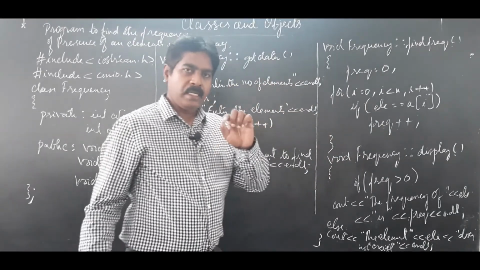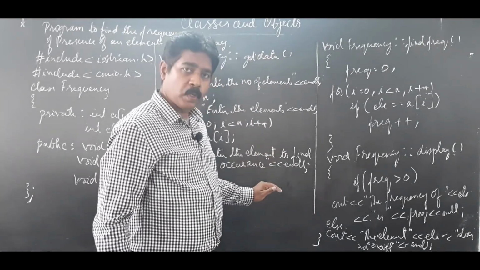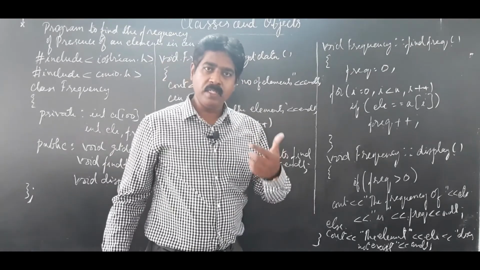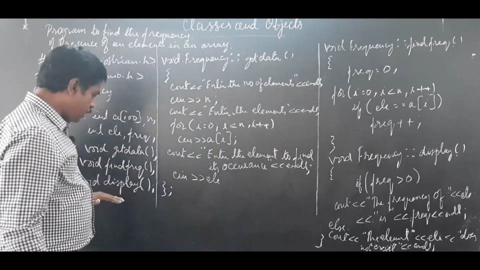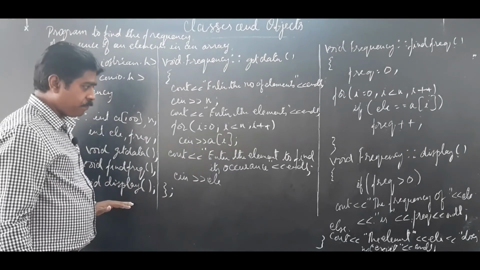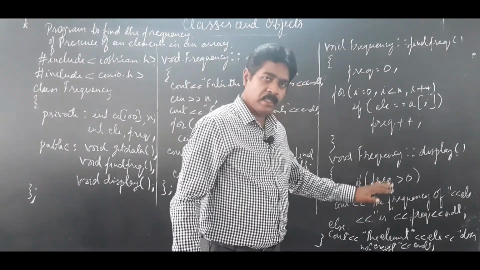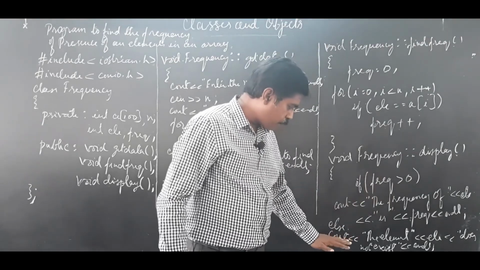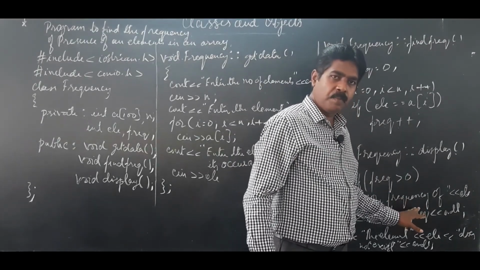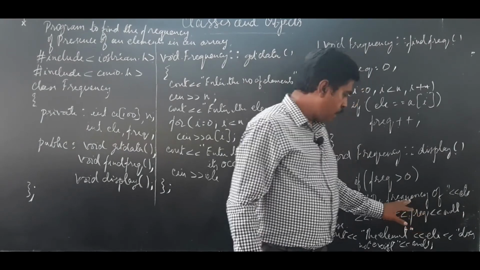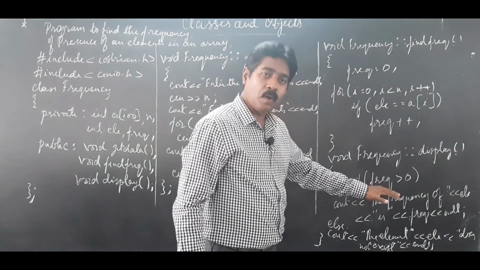The last class I discussed the same program, but I rewrote this program because I want to ensure whether you have written it rightly or not. Because last class I said I will be discussing the display. Display should be proper here. The true part and the false part, that is the existence of the element, the number of times that element is found and not found, depends on the count.